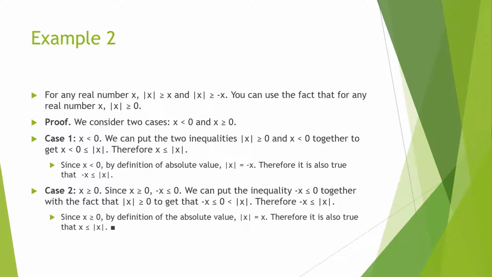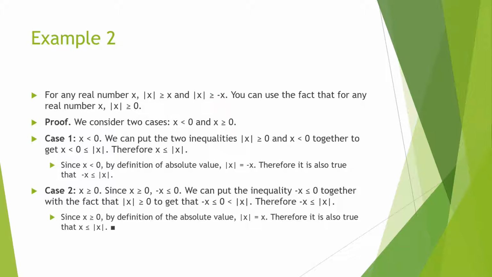Absolute value of x is greater than or equal to 0, and 0 is greater than x. So based on the transitivity of inequalities, we can simply say, therefore, absolute value of x is greater than or equal to x, right? But the question was to prove that not only absolute value of x is greater than or equal to x, but also it is greater than or equal to negative x.